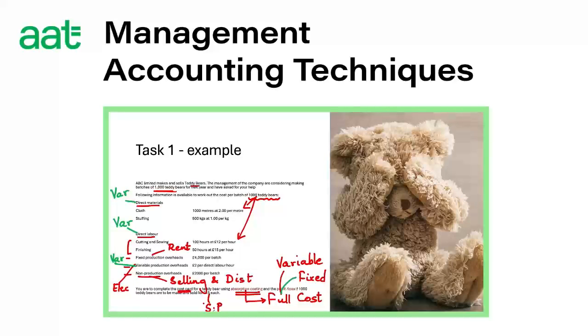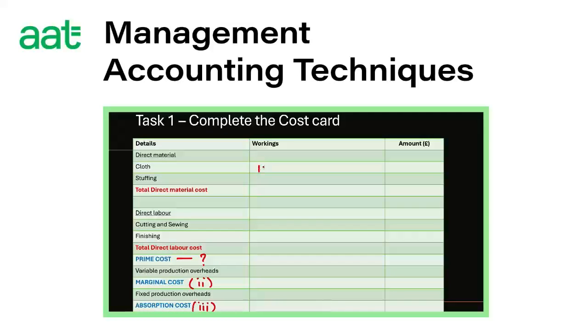We know it's 1,000 meters at £2. Now, remember, we are completing the cost card. So we want to divide this by how many teddy bears we are making, 1,000 of them. So effectively, we've got £2 as the cost of cloth for each teddy bear.